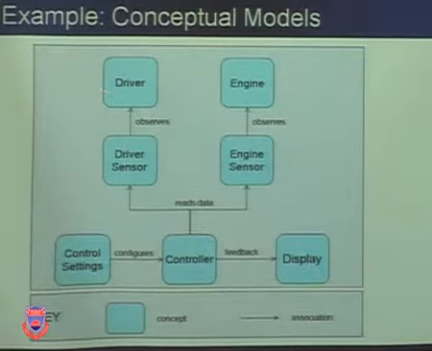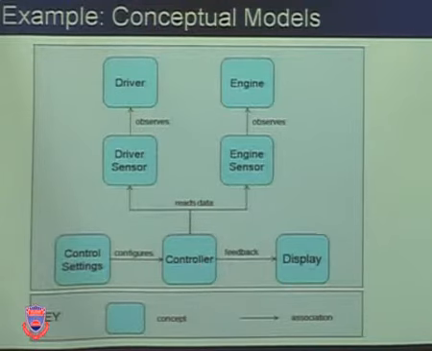So you have a driver concept. It's a kind of component, element. An engine. The driver is observed by the driver sensor. And you have an engine sensor. There's a central controller which reads the data from the sensors. The controller can be configured by the control settings concept, and output is given to the display.